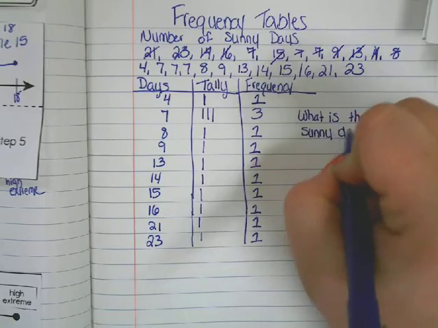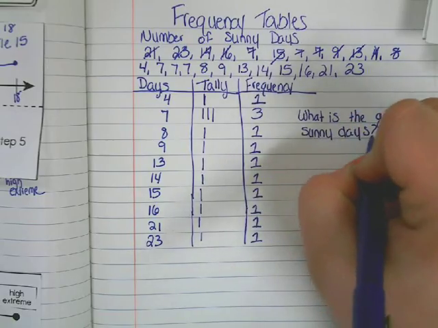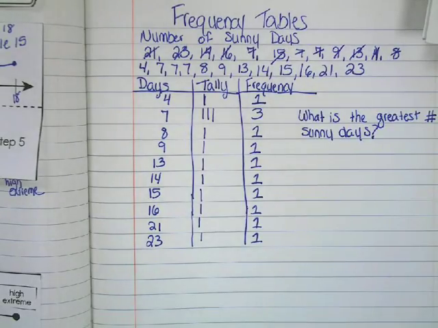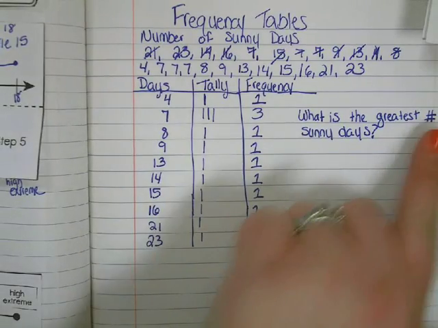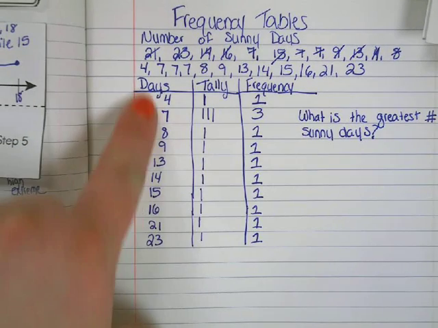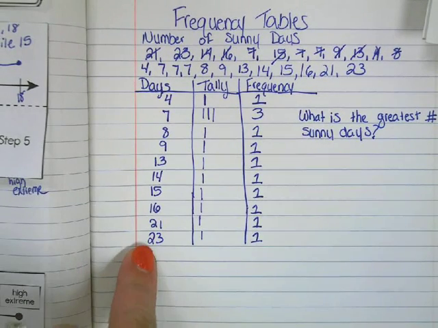So what is the greatest number of sunny days? 23. Because the greatest number of sunny days, this says that there were 23 sunny days. So it should be 23.